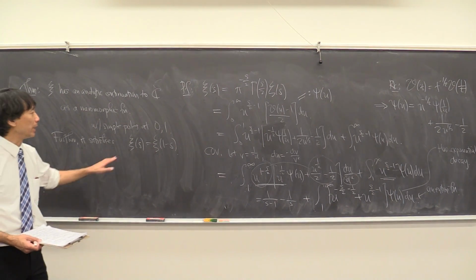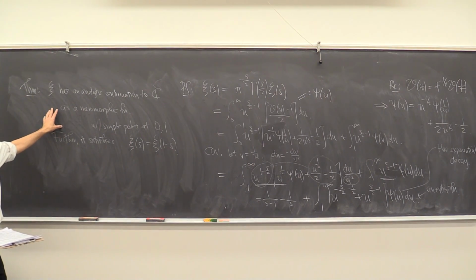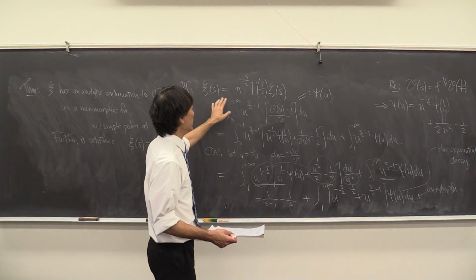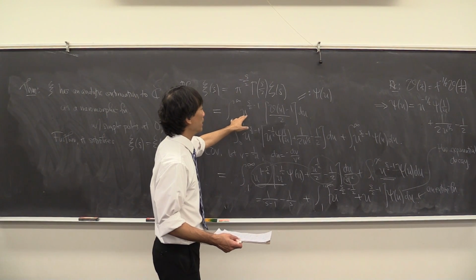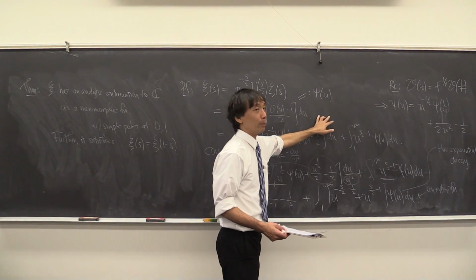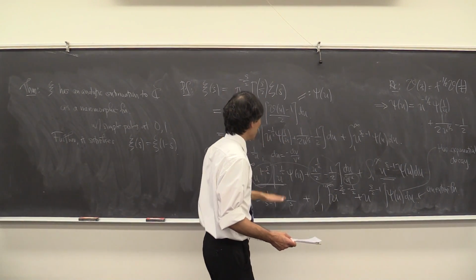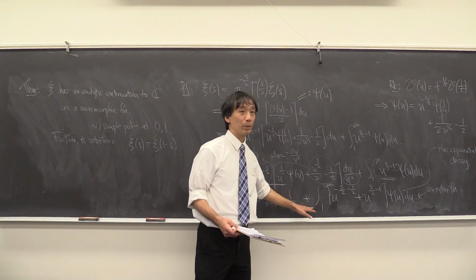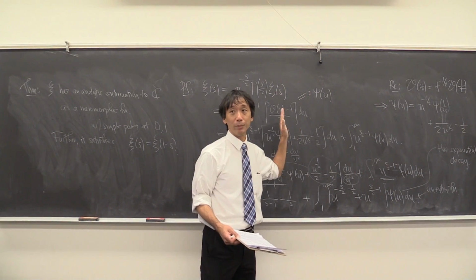Okay, so that gives you this result: that xi can be extended. We had this initial expression that was valid for the real part being bigger than 1. And then we see that we can express it as this thing which is valid on the entire plane and agrees with that on that half plane.